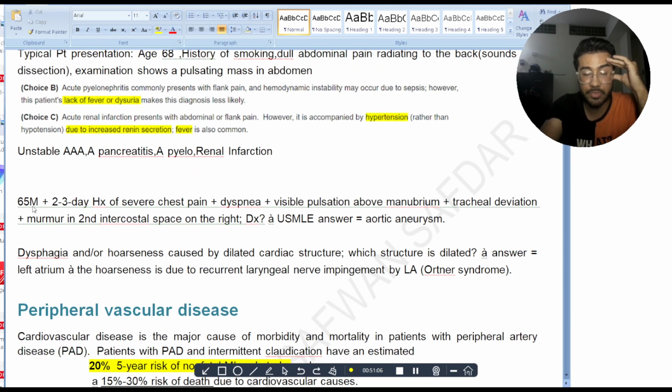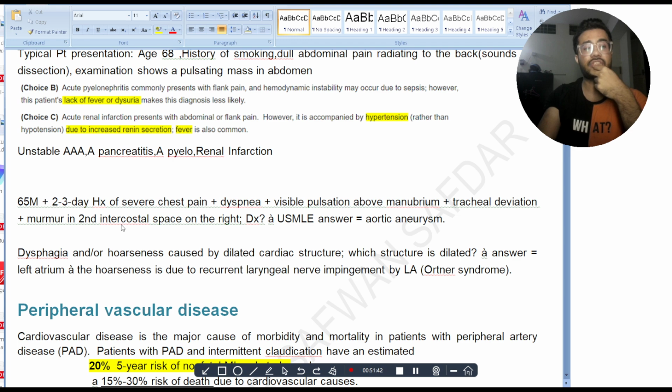So another scenario: a 65-year-old male with a 2 to 3 day history of severe chest pain, dyspnea, visible pulsation above the manubrium, tracheal deviation, and a murmur in the second intercostal space on the right. So, what is the answer? This is the high yield giveaway: tracheal deviation, and a murmur in the second intercostal space on the right.